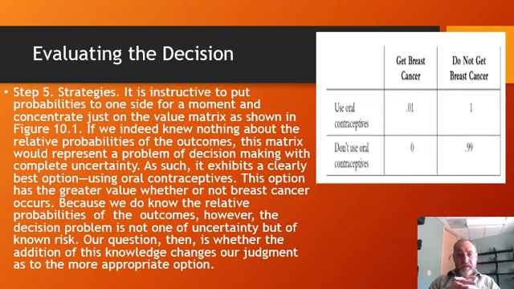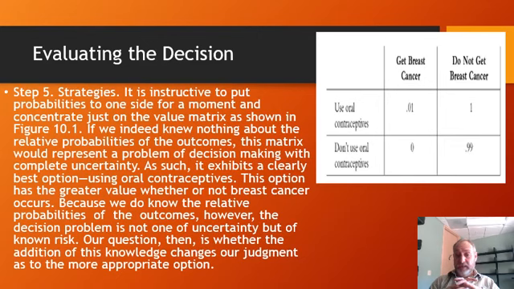Here we have a clearly best option, even though we have no information about the world. Using oral contraceptives, whether you get breast cancer or don't, the value comes out higher. You get 0.01 compared to 0 and 1 compared to 0.99. So if we knew nothing about it, it would seem like yes, you should use the oral contraceptives.